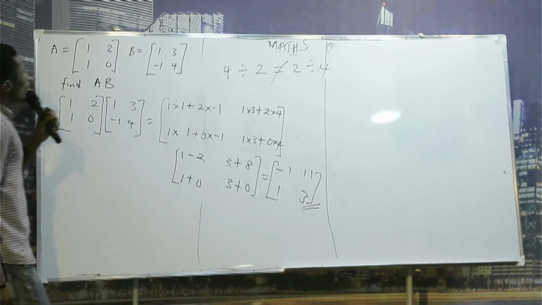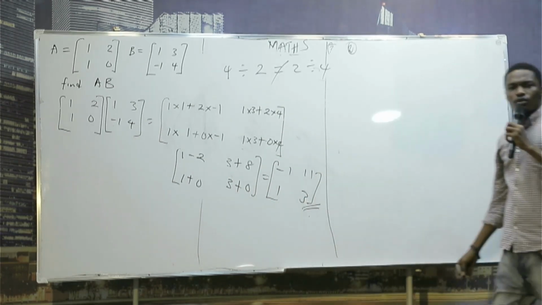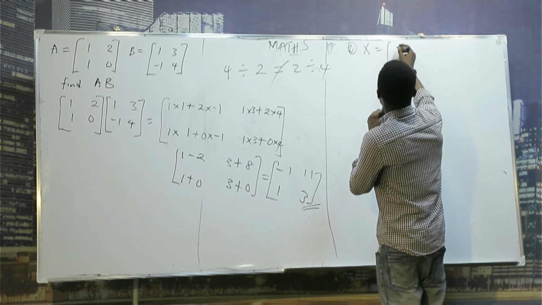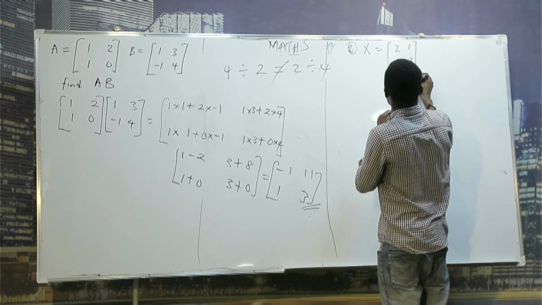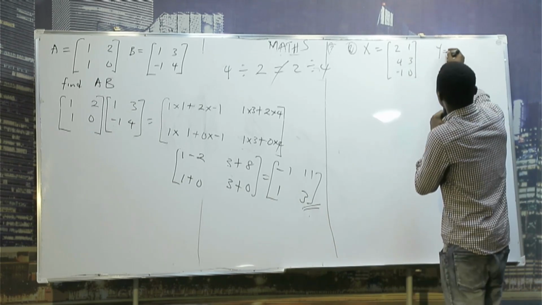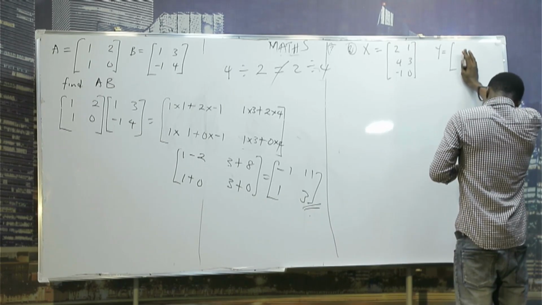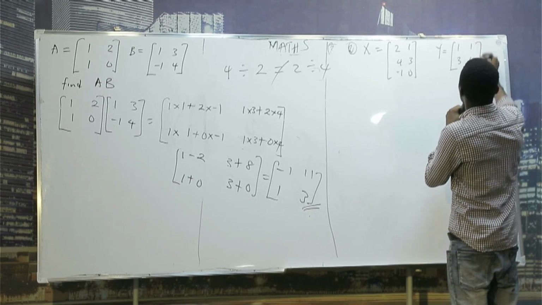Are we ready now? Number two. Let's say that x is equal to the matrix 2, 1, 4, 3, minus 1, 0, and y is equal to 1, 1, 3, 4.